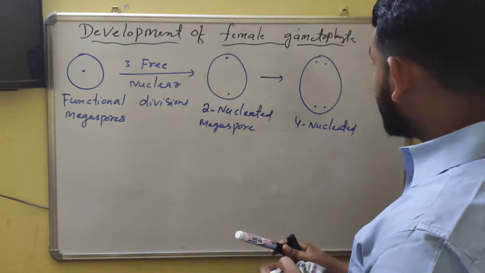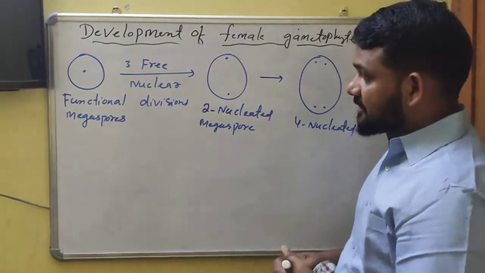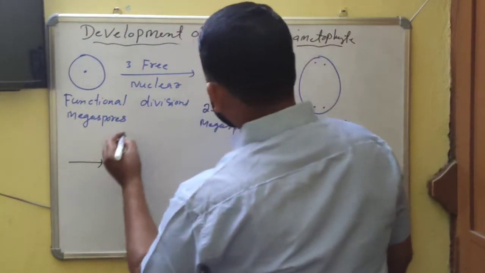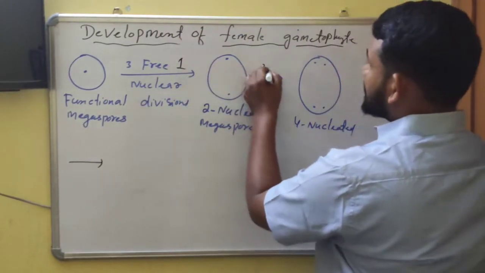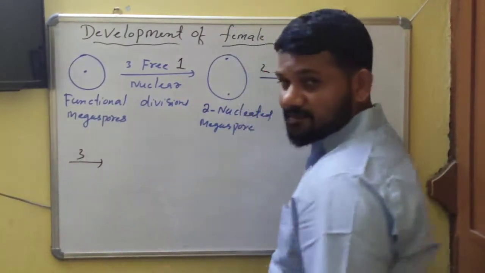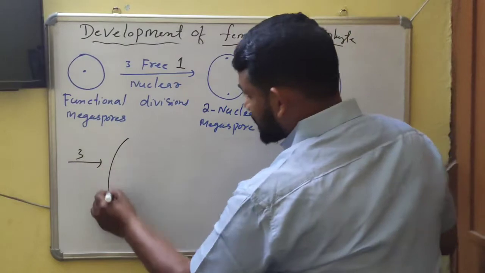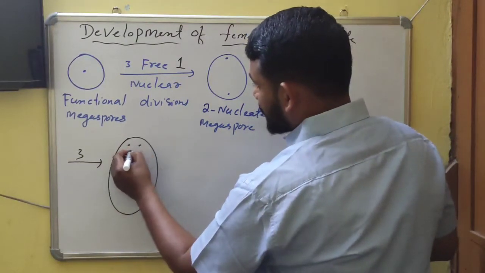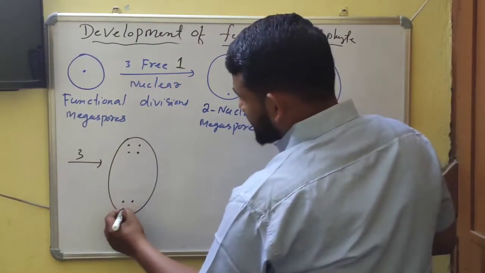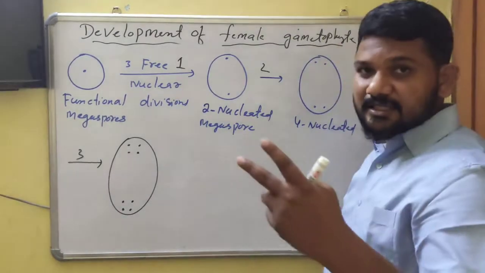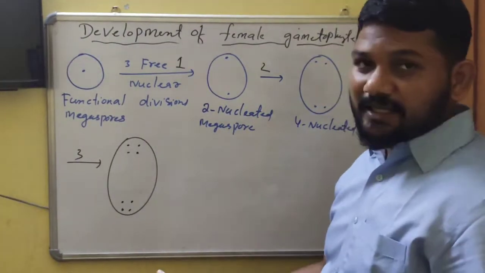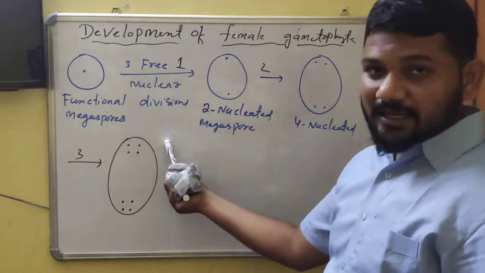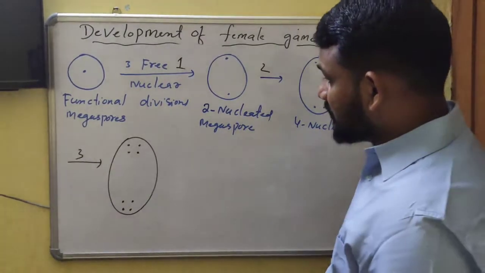And in the third division, this is division number 1, this is division number 2, and this is division number 3. By the third division, it produces 8 nucleus, arranged in 2 groups, 4 nucleus towards chalaza and 4 nucleus towards micropyle.